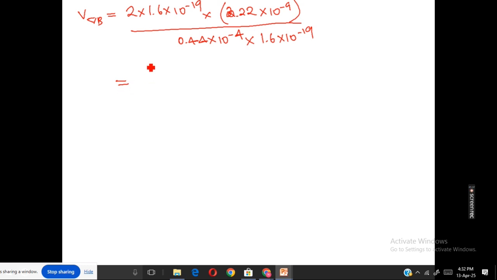The answer will be 2 into 1.6 into 10 raised to minus 19 into 2.22 into 10 raised to minus 9, divided by 0.44 into 10 raised to minus 4 into 1.6 into 10 raised to minus 19.